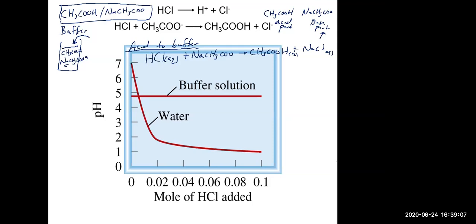Now, a couple of important things that we see on the product side here. We see that we actually made some acetic acid, and acetic acid is part of the buffer to begin with. So we actually made part of the buffer, right? Which means that's obviously not going to mess up the pH because it was there to begin with. The other thing that we made here is a salt.